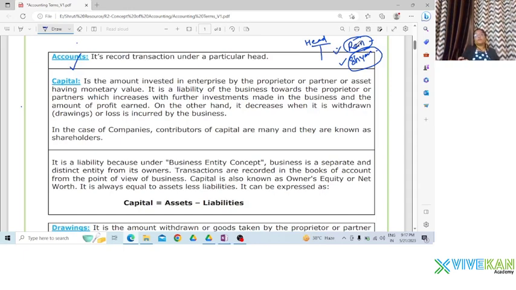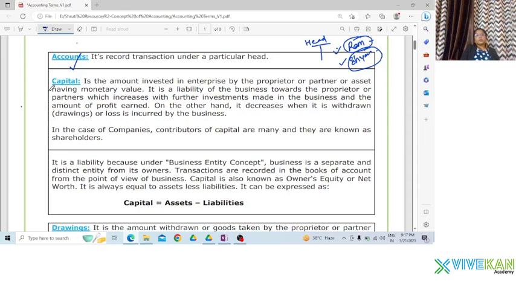All these transactions will be classified under different heads of accounts. The main heads of accounts are assets, liability, income, expense, and capital. Further, transactions like Ram and Shyam, the sale and purchase type, will be classified under these heads and presented in the financial statements. We'll be dealing with this throughout accounting.